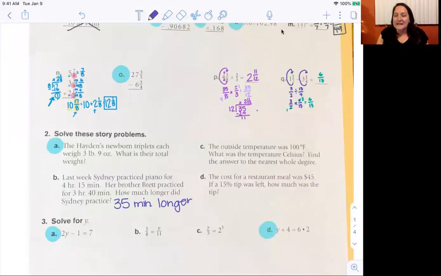Okay, now let's look at C. C says the outside temperature was 100 degrees Fahrenheit. What was the temperature in Celsius? Find the answer to the nearest whole degree. Well, our question is, what was the temperature in Celsius? Our fact is it was 100 degrees Fahrenheit. So we're going to do some conversions.